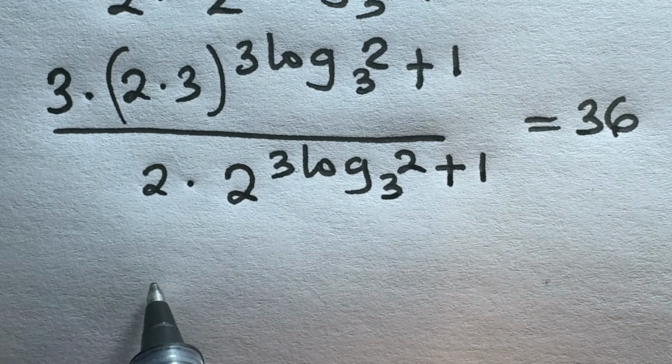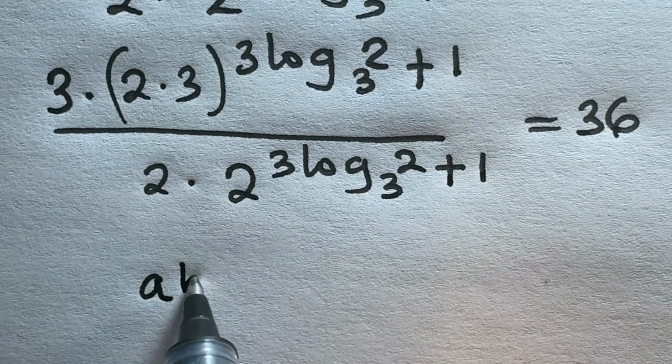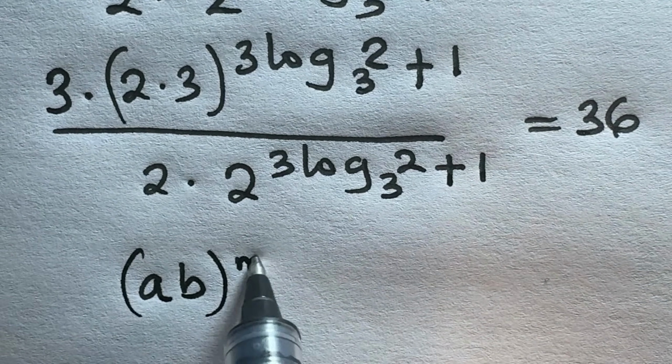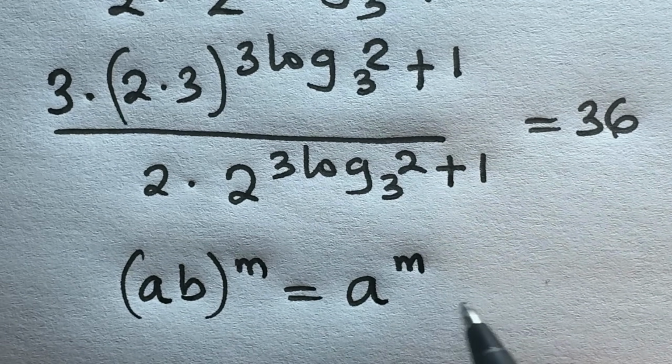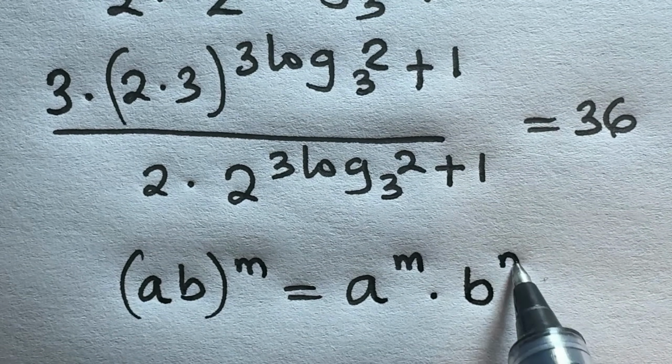By the law of indices, given a times b raised to power m, you can open this bracket to give us a raised to power m times b raised to power m.